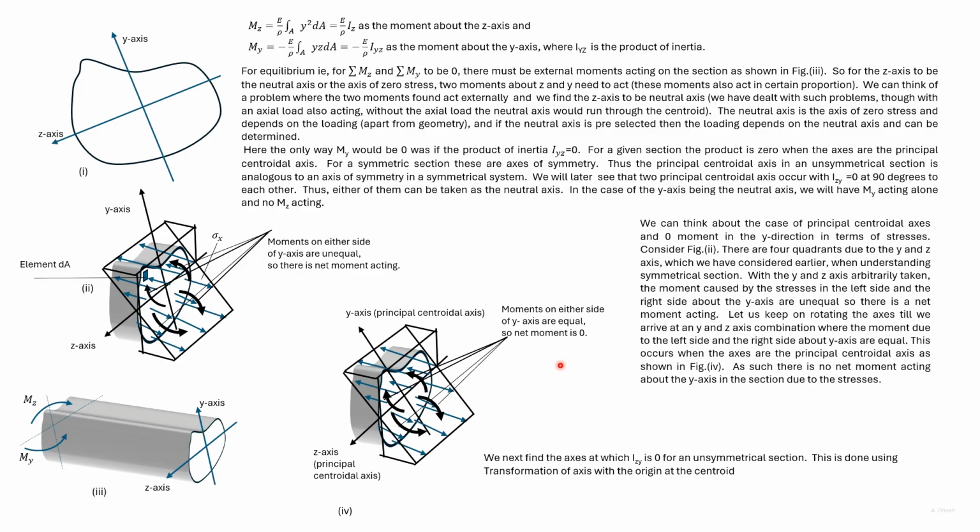Then the y and the z-axis are the principal centroidal axes. We'll next find the axis at which the product of inertia for an unsymmetrical section is 0. This is done by transformation of axes with the origin as the centroid.